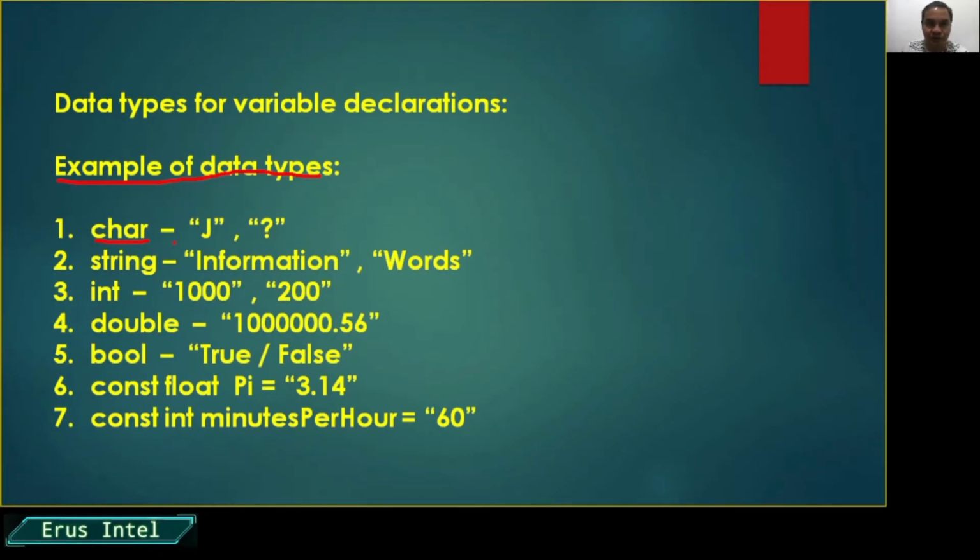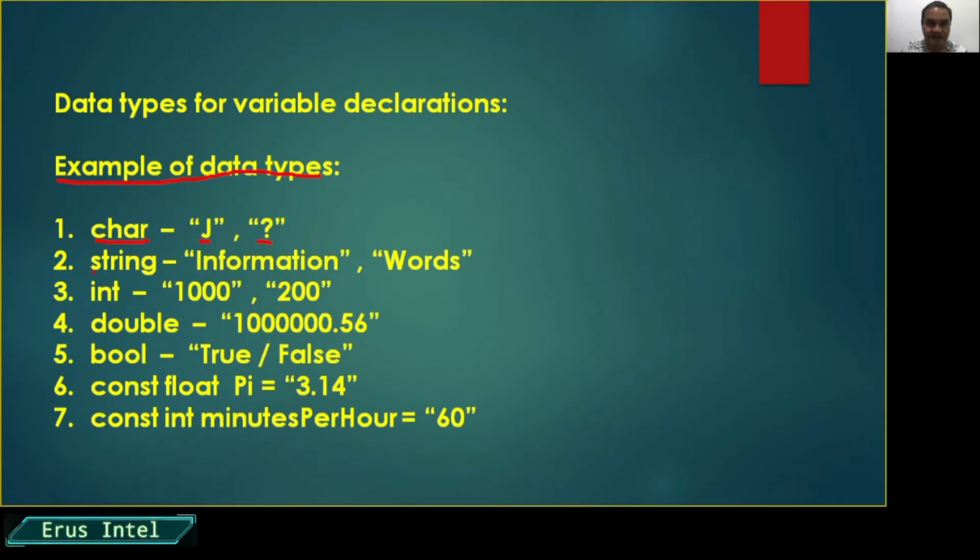This is used for inputs accepting a single character, like J or a question mark. These are characters that you can input using the char data type.